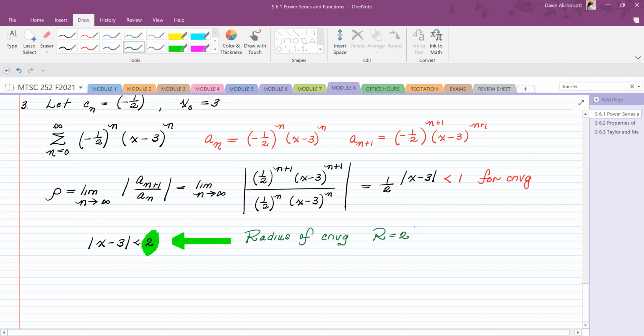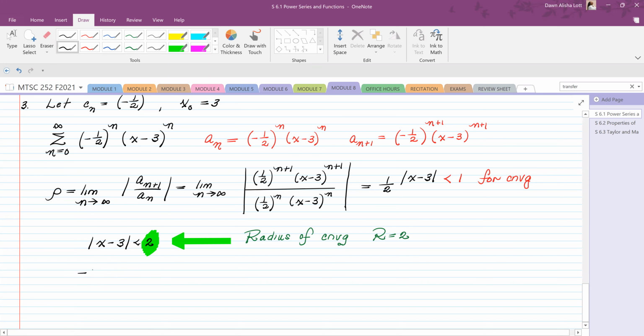Okay, so now we need to find the interval of convergence. All right, so to find the interval of convergence, we have to solve this. So we have the absolute value of x minus 3. Sorry, we don't need absolute values anymore.